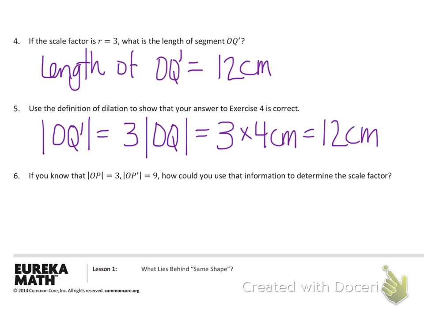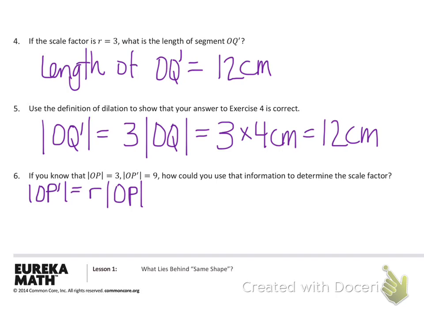Okay, that's pretty straightforward. Okay, so what if we didn't know the scale factor, but we knew the two lengths? So what if we knew that the length of OP was 3 and the length of OP prime was 9? How could we use that information to determine the scale factor? Okay, so once again, we know that the length of OP prime is equal to the scale factor times the length of OP.